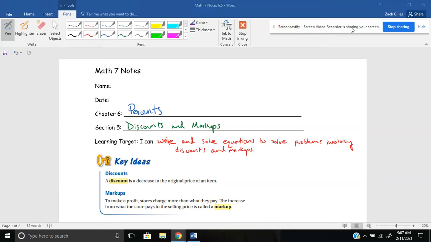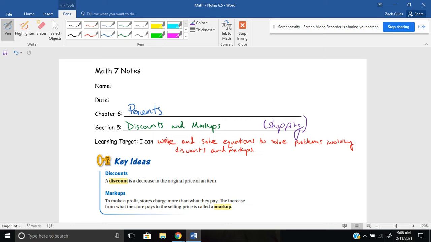Today we're going to talk about discounts and markups. One of my favorite topics to talk about because I feel like it is so applicable to real life. Anytime we're dealing with discounts and markups, I'm talking a lot about shopping, and it can be fun to talk about buying things, especially things that you're interested in.